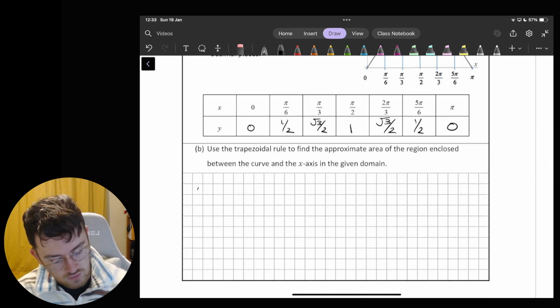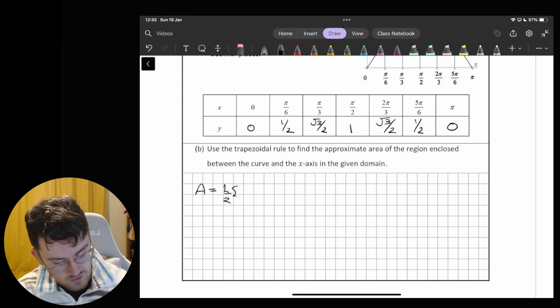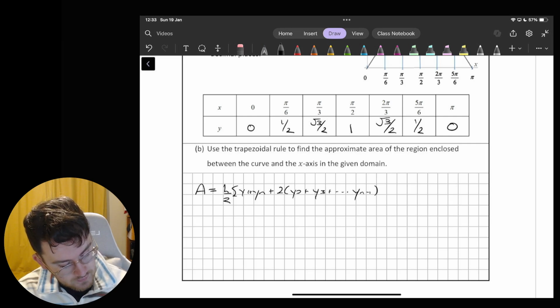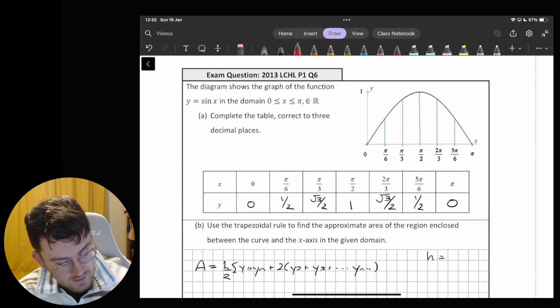We're using the trapezoidal rule here. Same idea again, the formula is the same as above. It's always good practice to start by writing down the formula to make sure we get all those marks. Make sure we also write down that h is the interval width, the width between the different intervals.